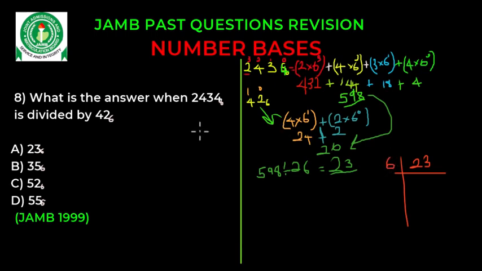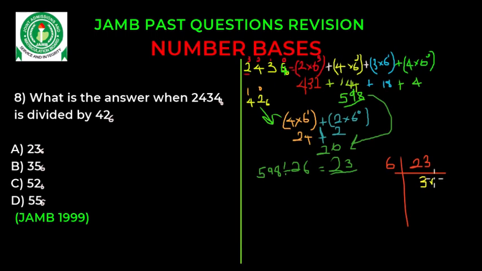So we now say the 6 comes into 23. How many times? That will be 3 times, because 6 times 3 will give us 18. What are we going to have as remainder? Remainder 5.